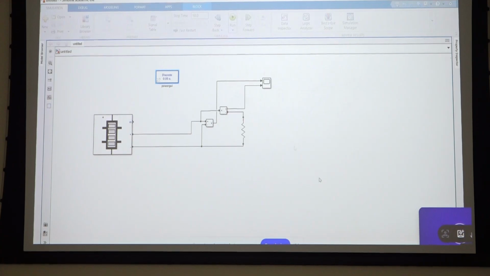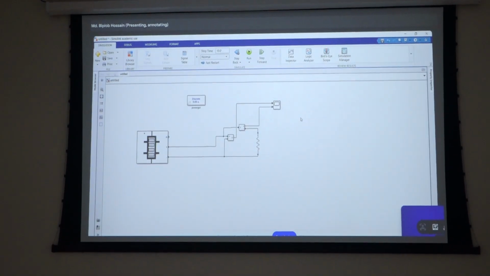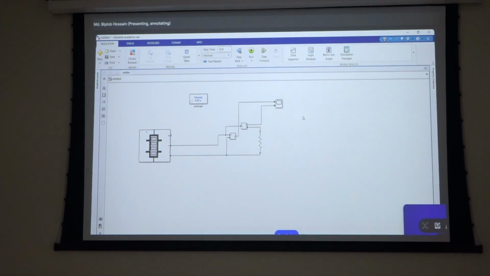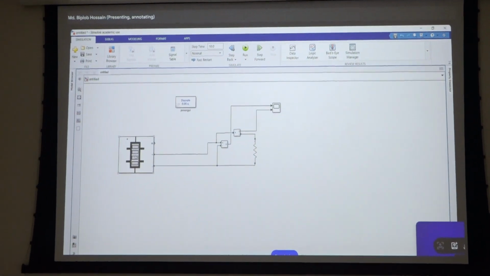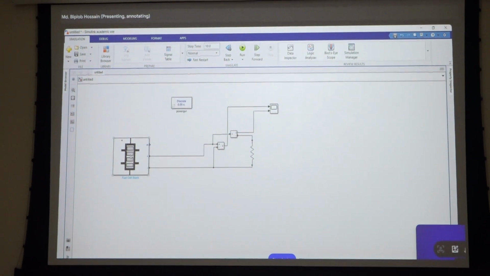One more question. In the library, if we build this fuel stack model using equations, then what do we need to use? You can do it using your own. For that, I can show you. You can do these things two ways.